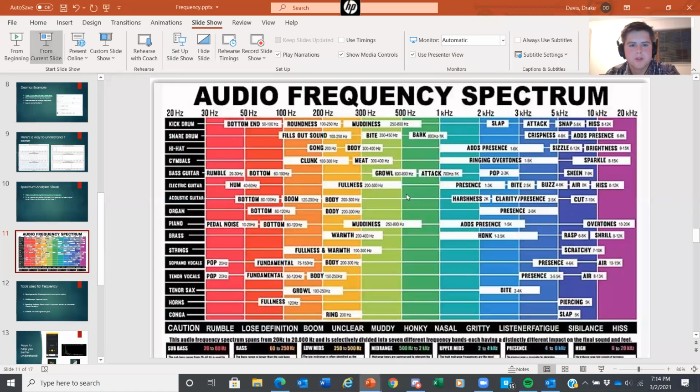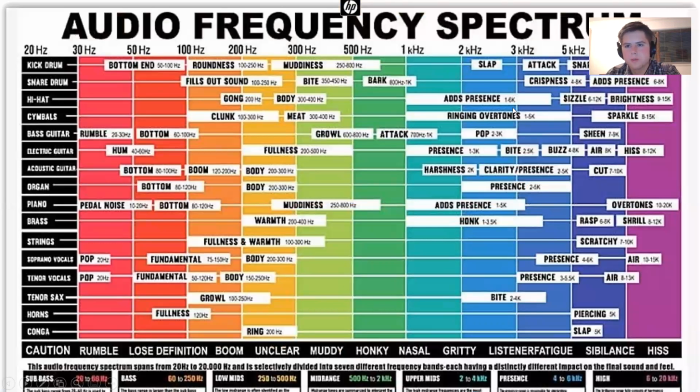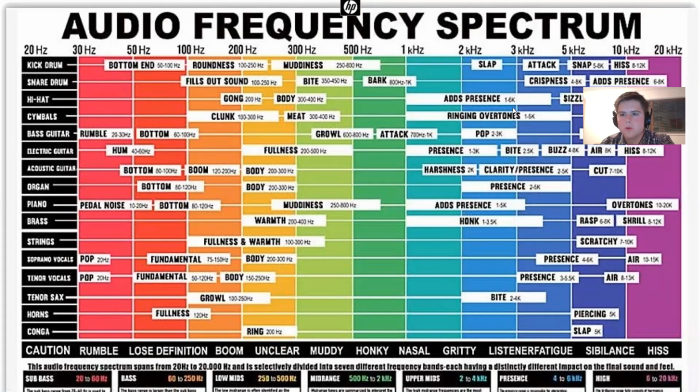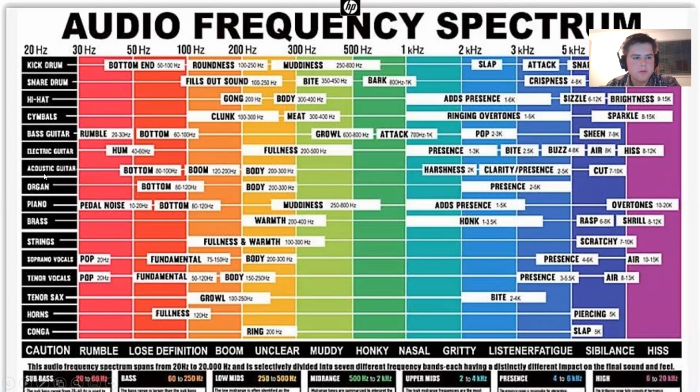And this is just another visual of the frequency spectrum. So like I said, from 20 to 20 kilohertz right there, these are a bunch of different instruments. And if you were to record one of these instruments, you would see the specific frequencies that it's highlighting.